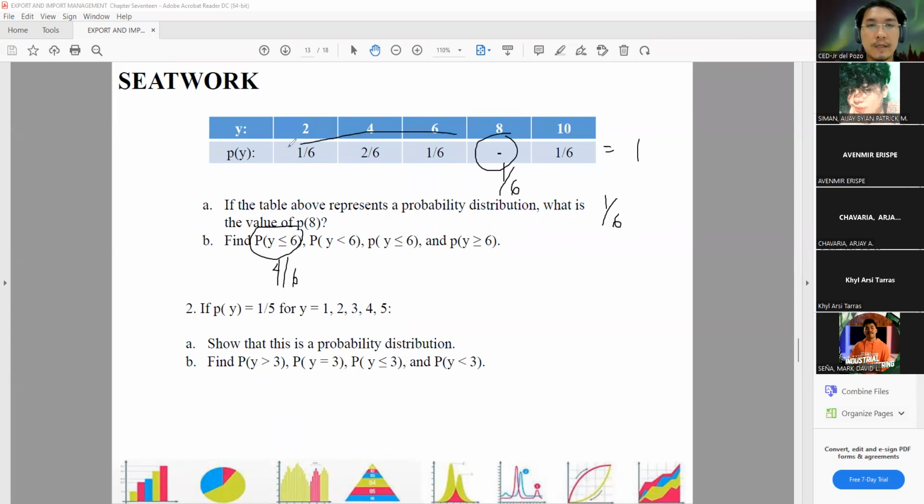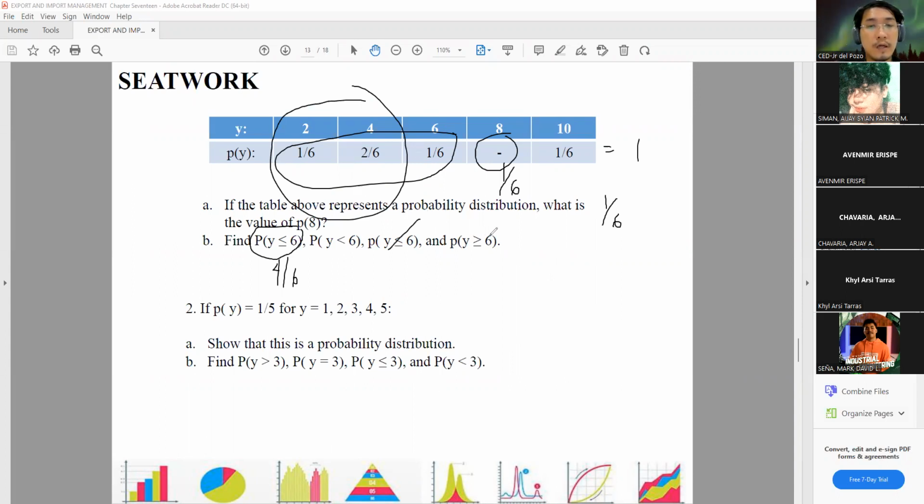Bakit? Kasi pinag-add lang natin tong tatlong to. Less than or equal to 6. 2, 4, 6 ang mga involved. Okay, if P daw is y is less than 6, ano kayang value? 3/6 or 1/2. Yeah, kasi ito naman yan. And then last, P is parehas lang.